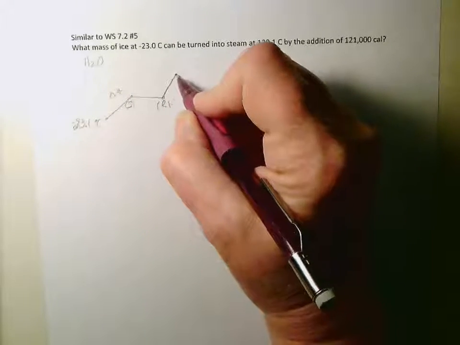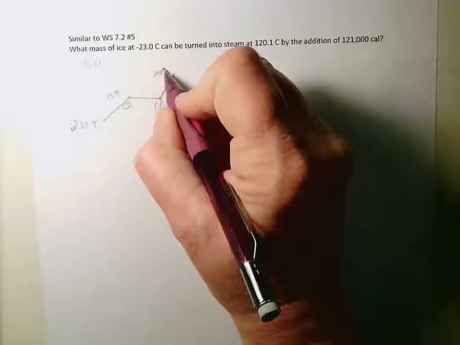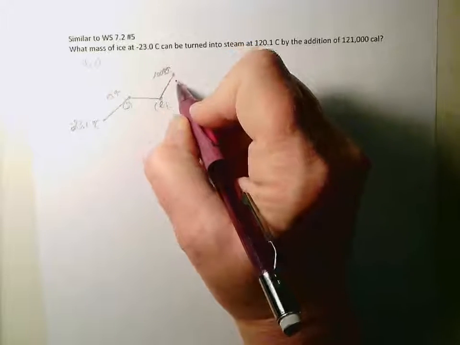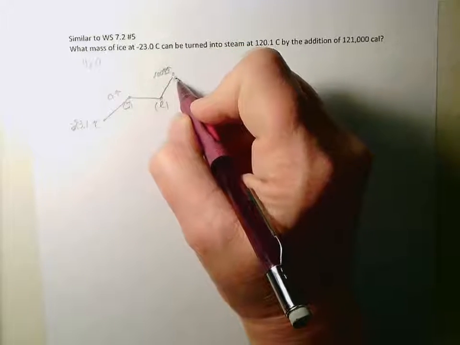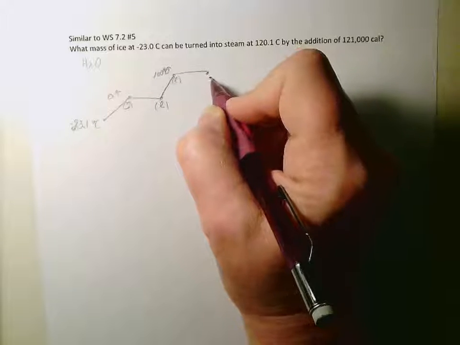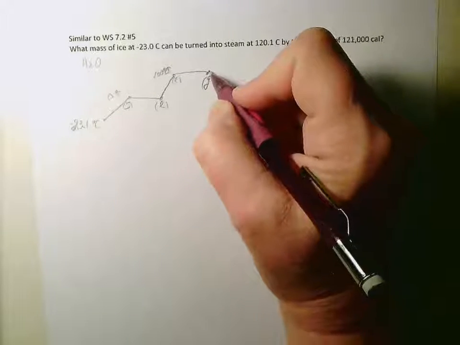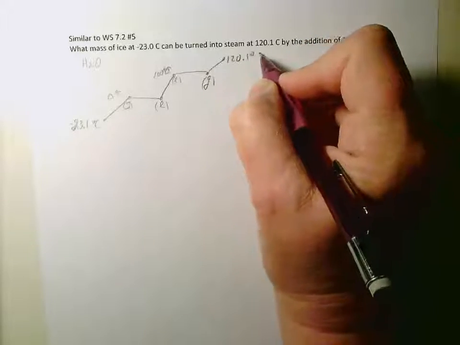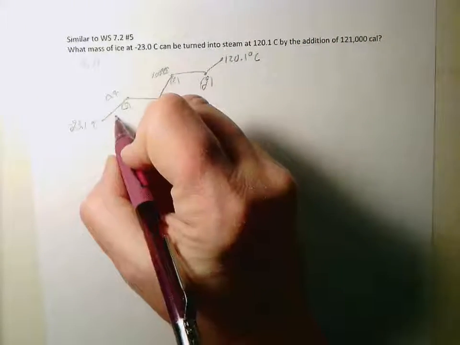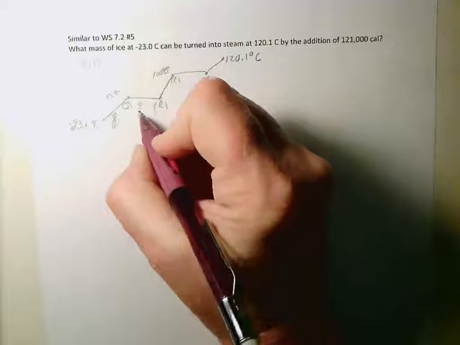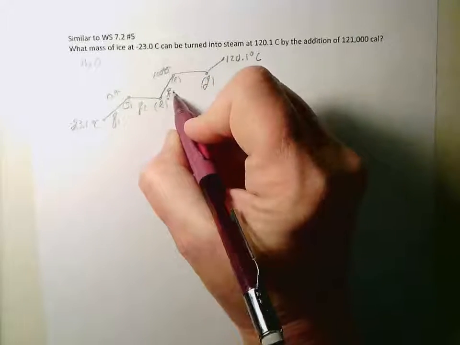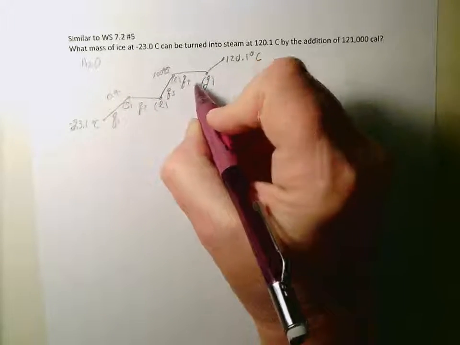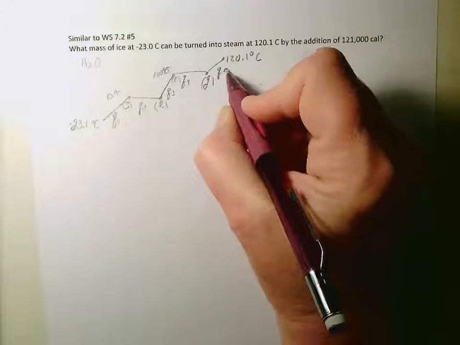Then I bring it up to 100 Celsius, where it becomes a gas. So now it's going from a liquid to a gas. And then after that, it will heat up to 120.1 degrees Celsius.